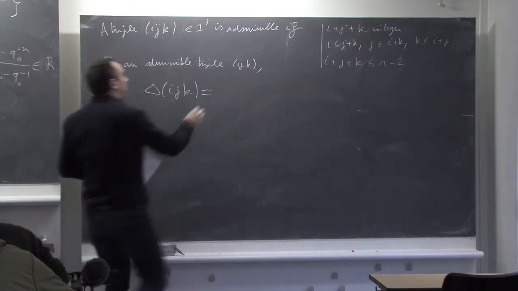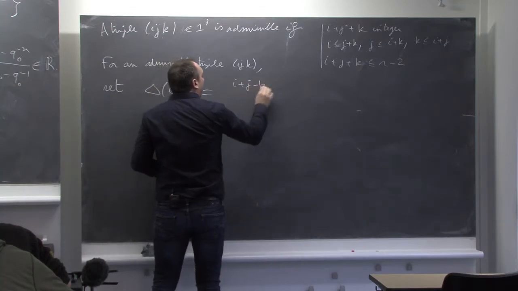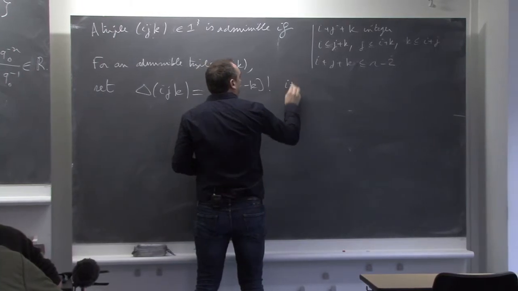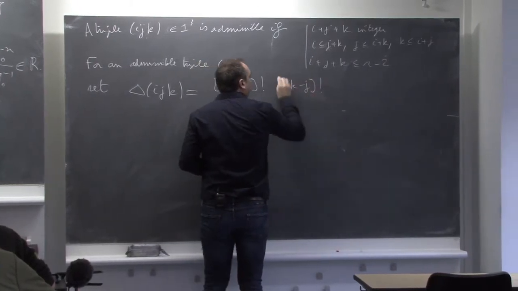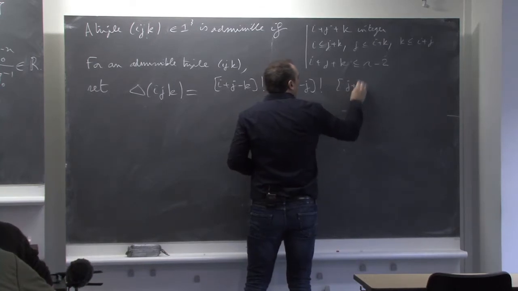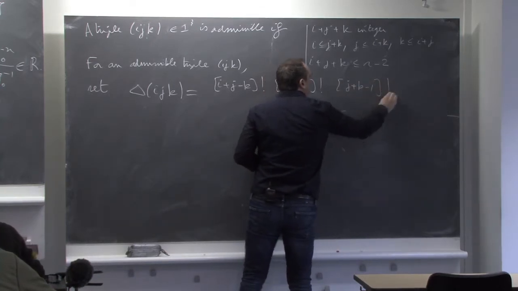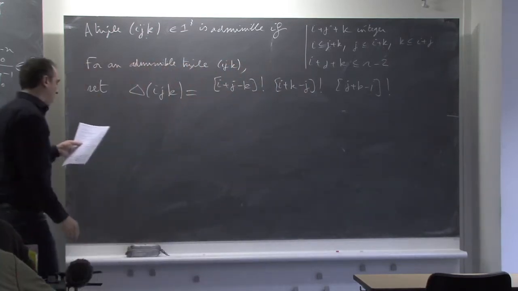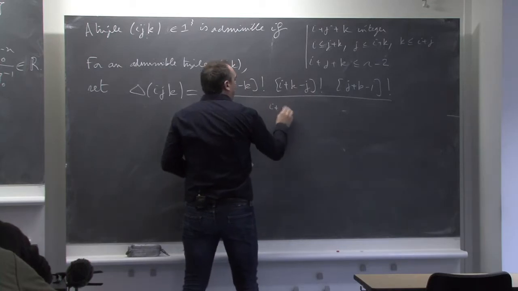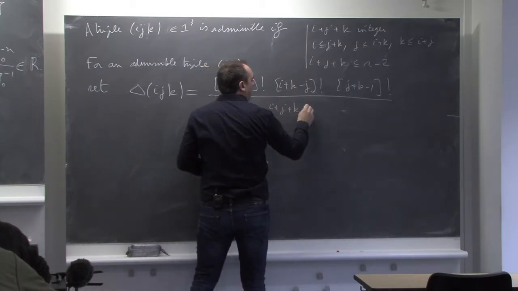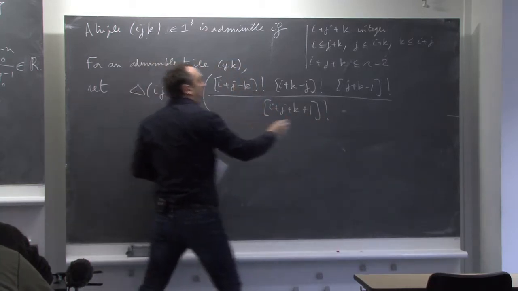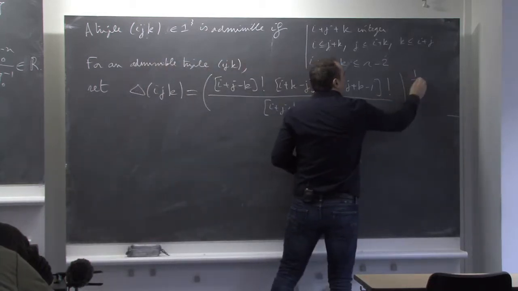It is the factorial of i plus j minus k, the factorial of i plus k minus j, the factorial of j plus k minus i, and you divide by the factorial of i plus j plus k plus 1, and you take the square root.